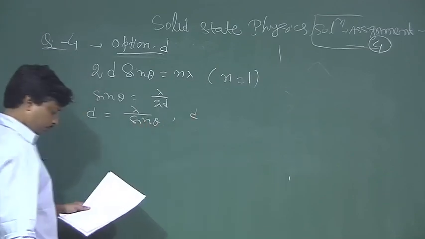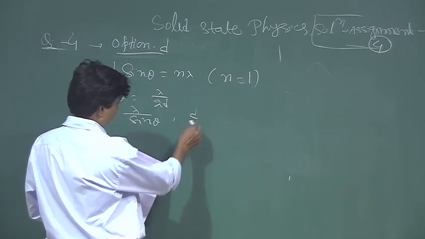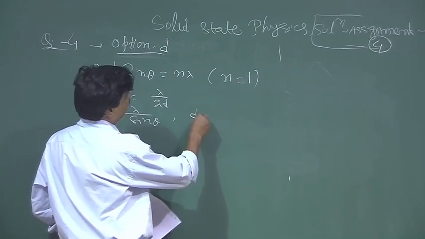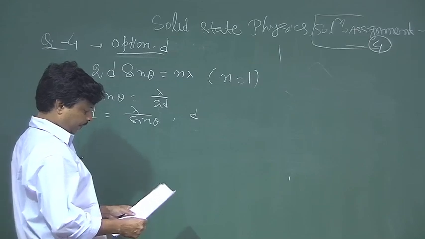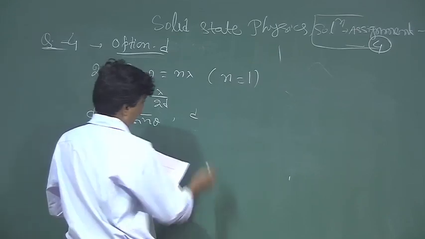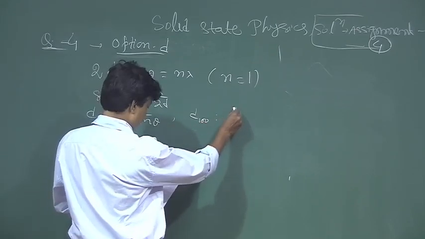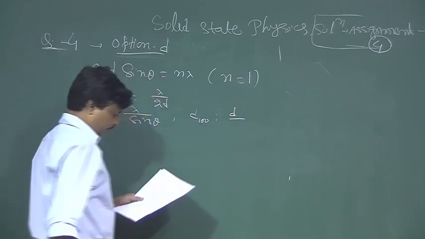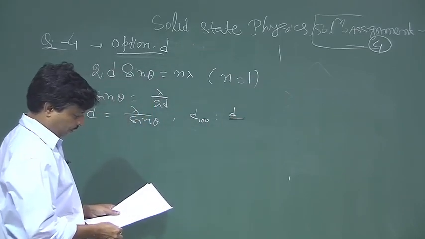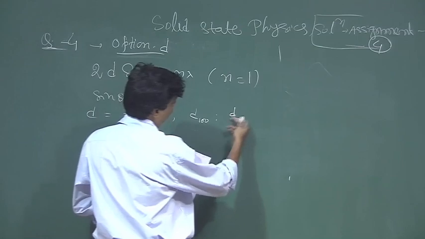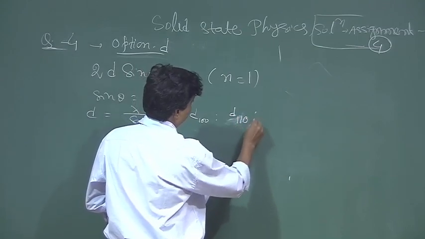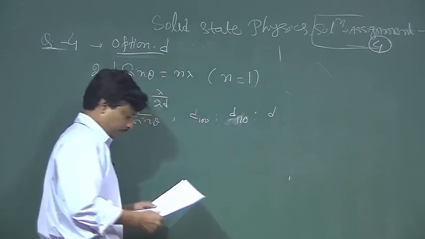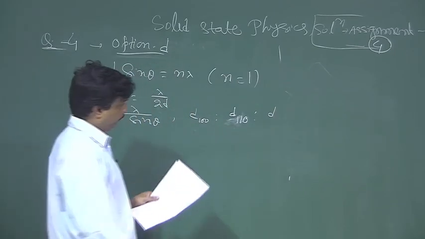Thus, which planes are there? First plane is d100, next one is d110, next plane is d111.